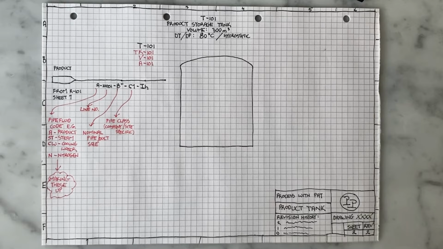So as an example, I could have my product flowing in a plain carbon steel pipe, which let's pretend this one is, and we've called that pipe class C1. But maybe in other areas I have stainless steel, or I have stainless steel that's also coated internally with a special liner. The pipe class is a very specific description of what materials are used.